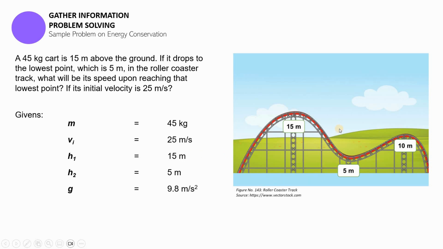Now, the constant that was not actually mentioned in the problem, but as you may know, exists in the problem, is acceleration due to gravity, since the cart is bound to accelerate due to gravity in this instance. It's equal to 9.8 meters per second squared. And then, of course, the unknown was the final velocity, which is the velocity of the cart upon reaching the 5-meter point.